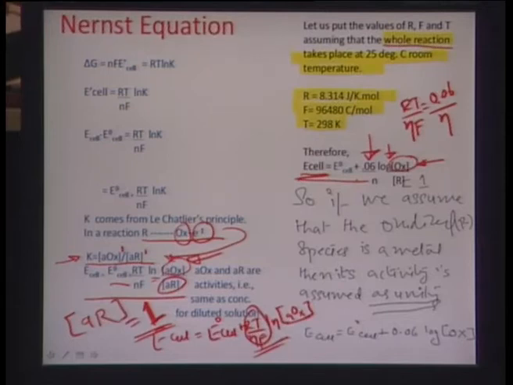Okay. And that is the beauty, that the slope of that equation is also inversely proportional to the number of moles of charge transfer that is taking place, and the intercept of that equation is essentially this E0 cell factor.